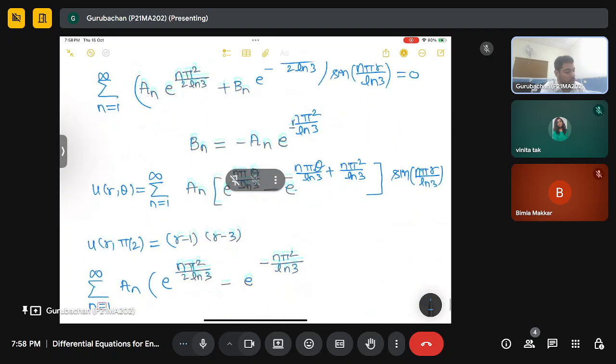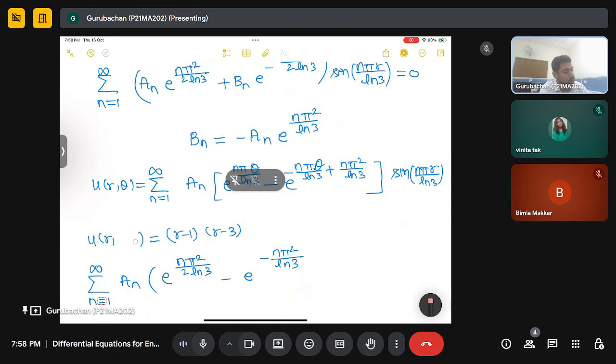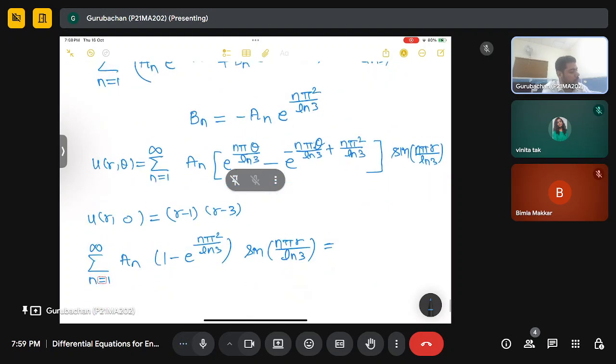Oh, sorry. Here it is u(r, 0). So this means this will play a role like this: 1 minus e^(nπ² ln3) sin(nπr/ln3) is equal to (r−1)(r−3).